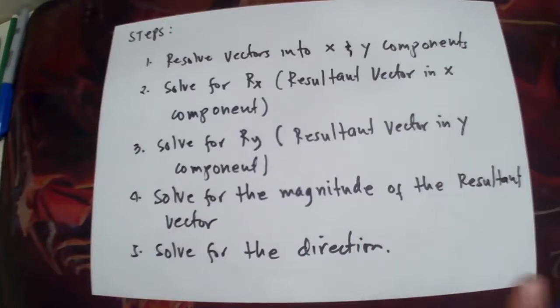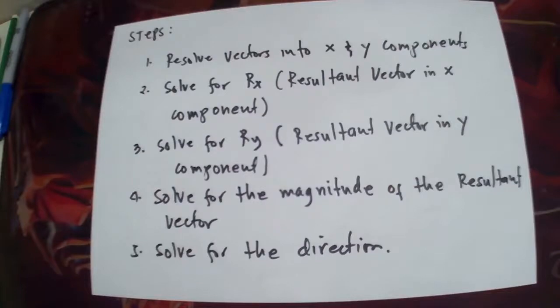When we say magnitude of that resultant vector, it is the total value of the combined vectors from the x component and y component. And the last one is we're going to solve for the direction of the vector, and from that we can simply write down the final answer for the magnitude and direction of the resultant vector.